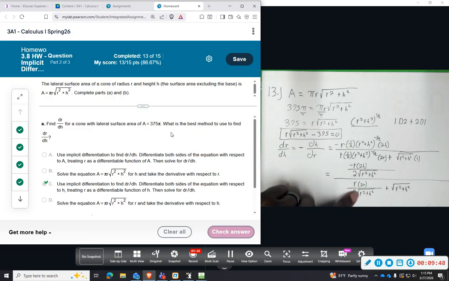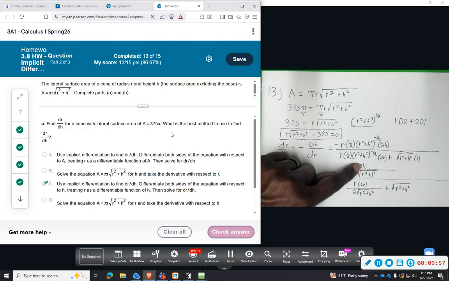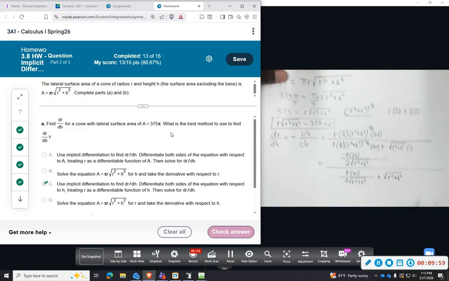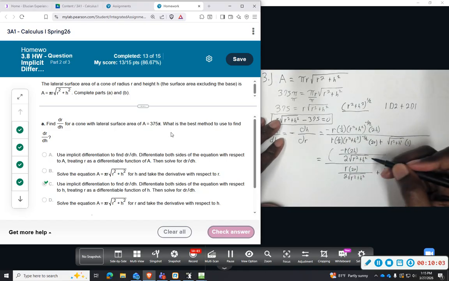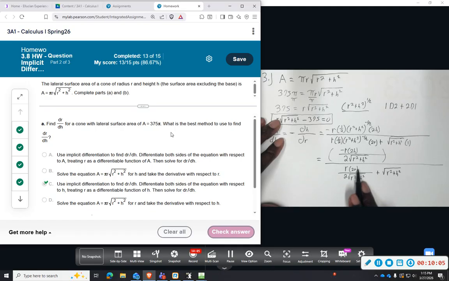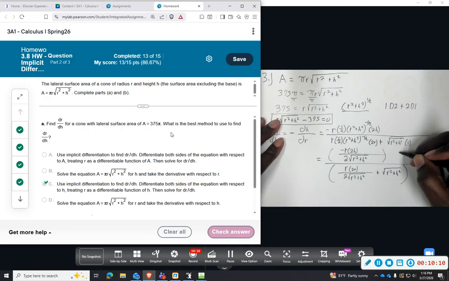So that would be the square root of r squared plus h squared. That's in the denominator, and then the same thing up here. So I'm going to multiply both sides, and I'm going to simplify some stuff because I can see that these 2's will divide out. I can multiply and get an r squared. So I'm multiplying the top and the bottom by the square root of r squared plus h squared.